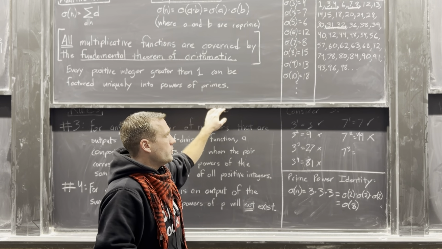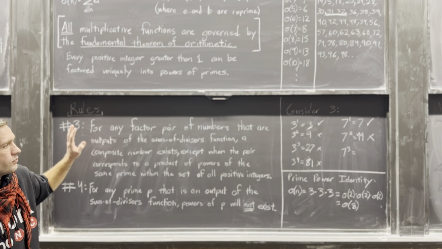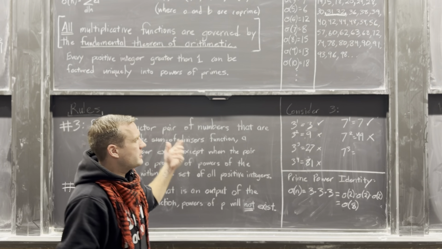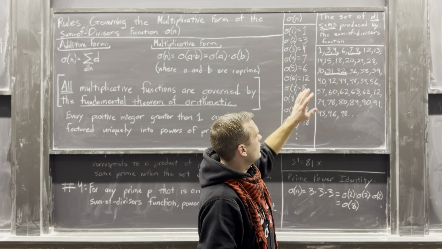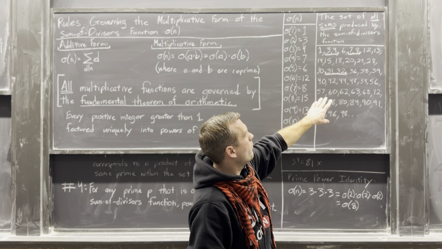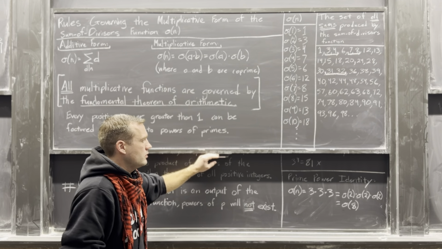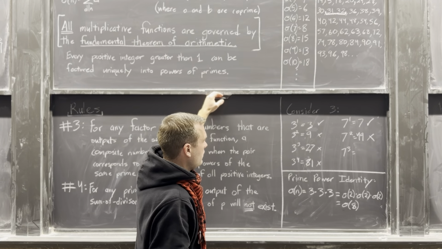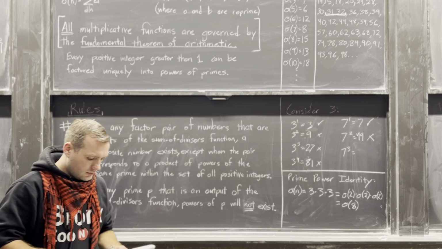So these 4 rules are the rules that govern the multiplicative form within the sum-of-divisors function. So what can we understand from this?